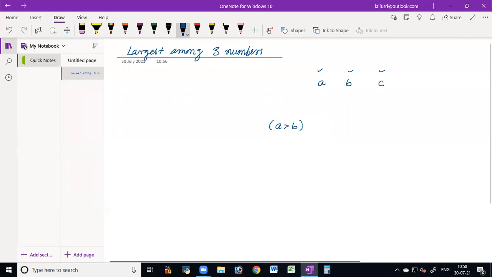If it is true, can I say A is the greatest one? No, because I have to compare with C, because C is a number also.